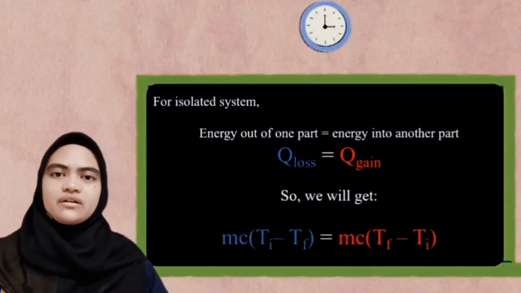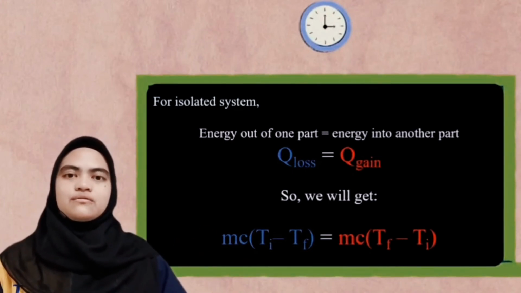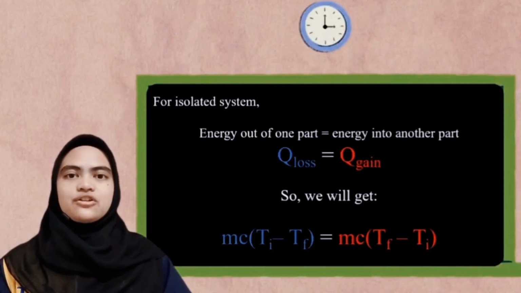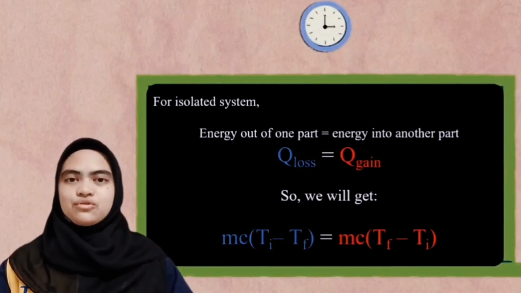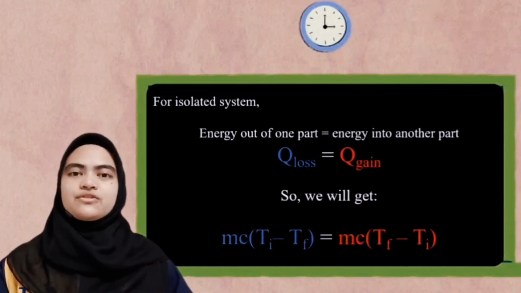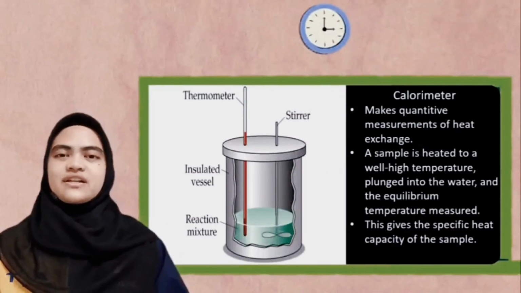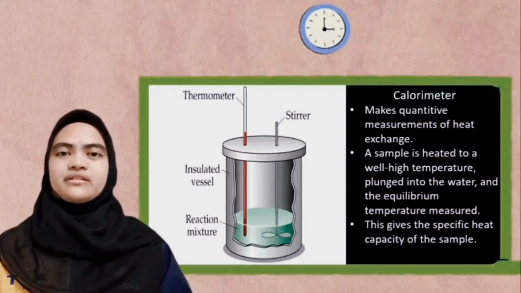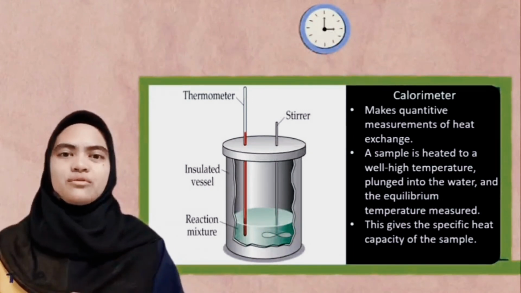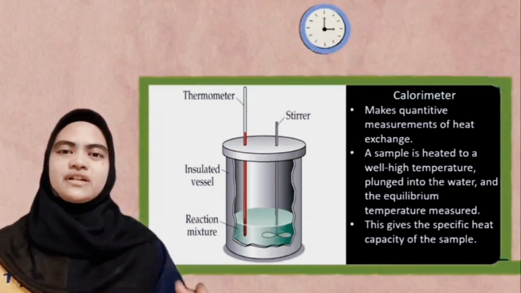Referring to the formula, we can see that Q loss is equal to Q gain, where Q refers to heat. Next is the calorimeter. A calorimeter makes a quantitative measurement of heat exchange.